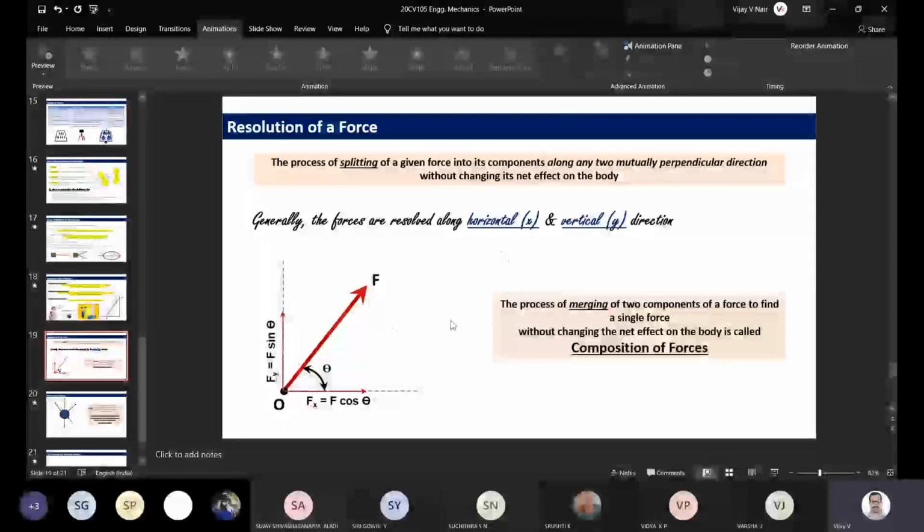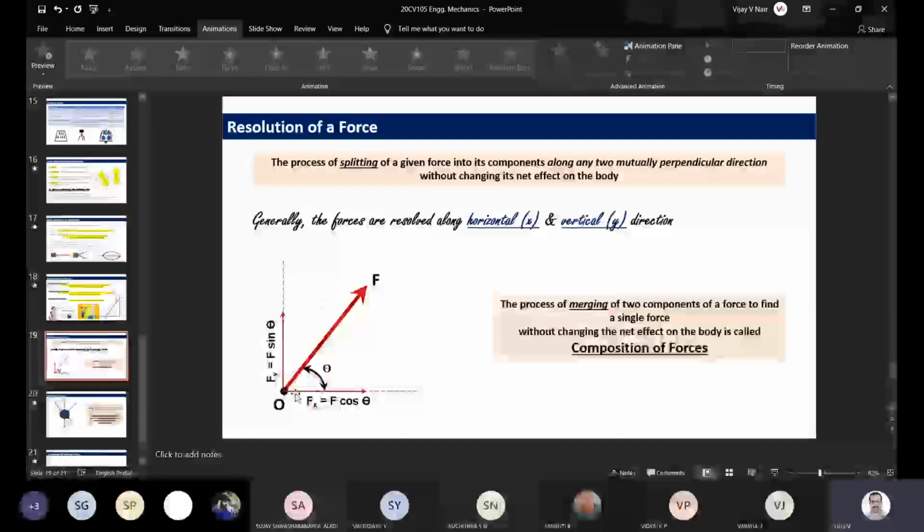If a force is acting from a particle O, originating from O at an angle of theta degrees from the x direction, you can resolve this force along the x direction as well as the y direction.